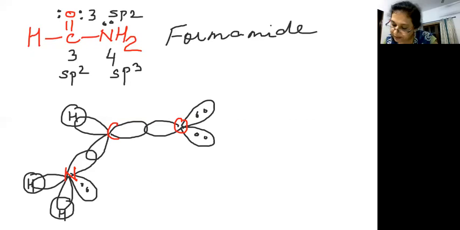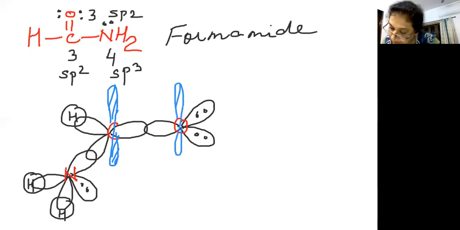Each of the carbons has an unhybridized p orbital. Let me make the unhybridized p orbital. So this is one unhybridized p orbital. Oxygen also has an unhybridized p orbital. Let me make that as well. So I have made the unhybridized p orbitals. And so this is the pi bond which I have created. So you can see this is the structure of formamide.